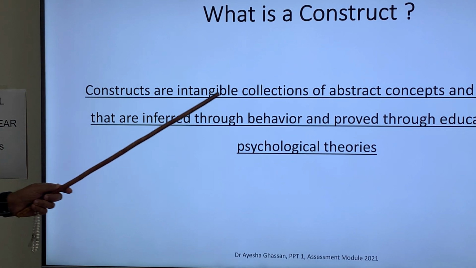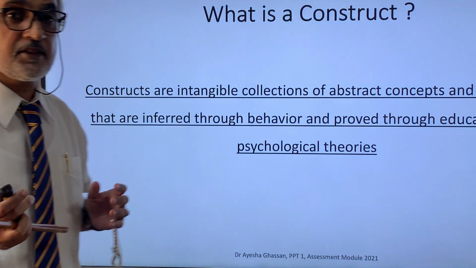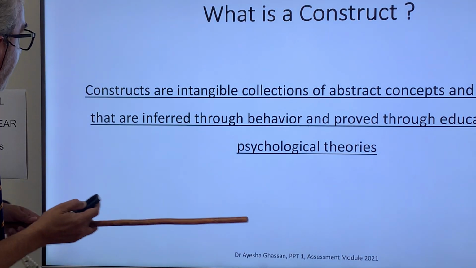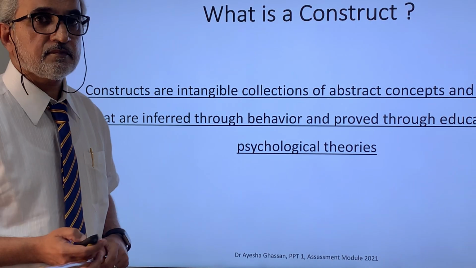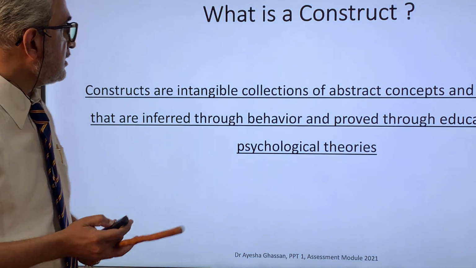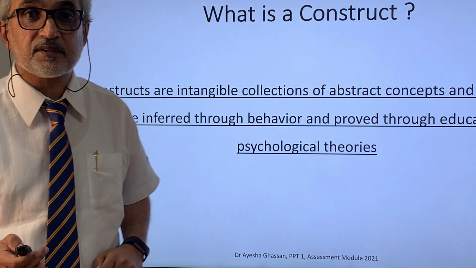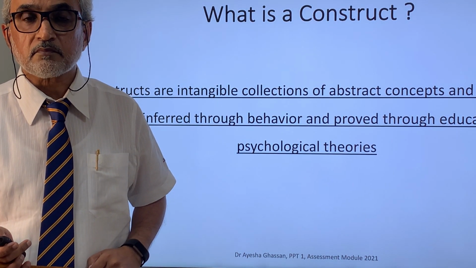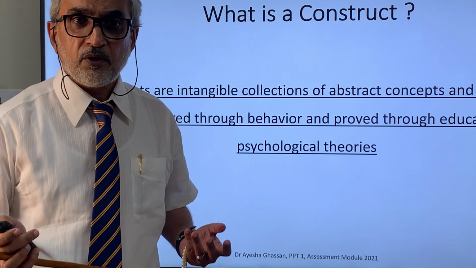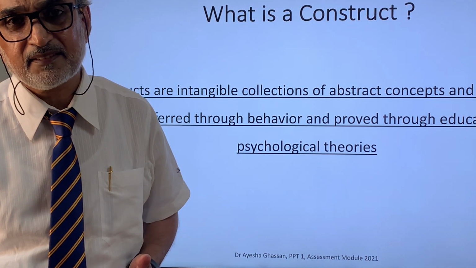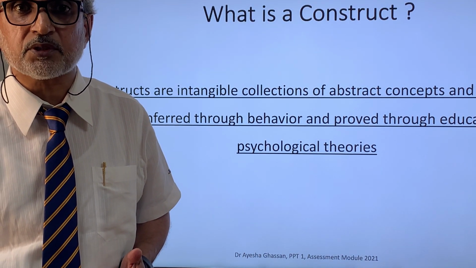Constructs are intangible collections of concepts and the principles which are present in the mind, but they can be seen because they are inferred through behavior, and obviously these abstracts have been proved through educational or psychological theories. So therefore, the most important validity which we can think is construct validity also, or one of the most important ones.